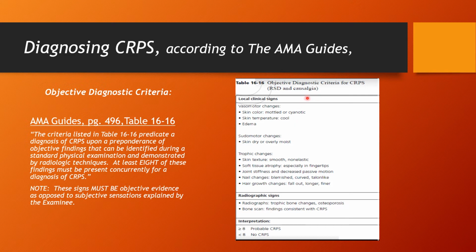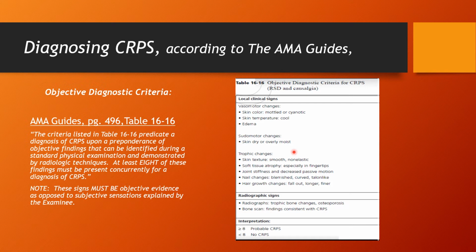The local signs and symptoms and clinical signs of vasomotor changes we've discussed. It could be mottled cyanotic, which would be of the later stages. Cool temperature, edema, that could be any of the 3 stages. Pseudomotor changes, skin dry or overly moist, well, that covers the 3 stages of CRPS. Trophic changes, skin texture, soft tissue atrophy, possibly or especially in the fingertips they mention here, which is very interesting.